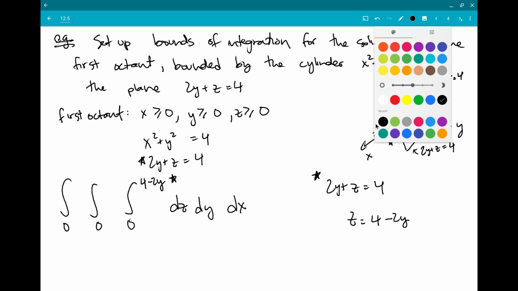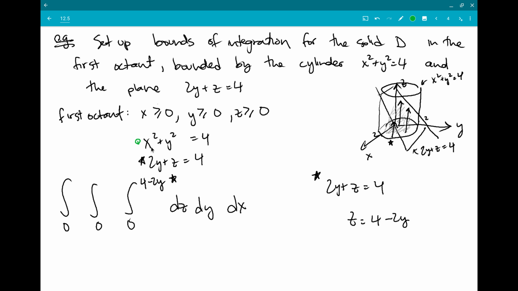Okay, next up is my y, and so I see here is an equation that depends on y. This one depended on y too, but I already used it. So we can see what that means in a second. But for now, I know that this x squared plus y squared equals 4 is taking me up to the height of this circle, going from left to right. And so it's given by x squared plus y squared equals 4.